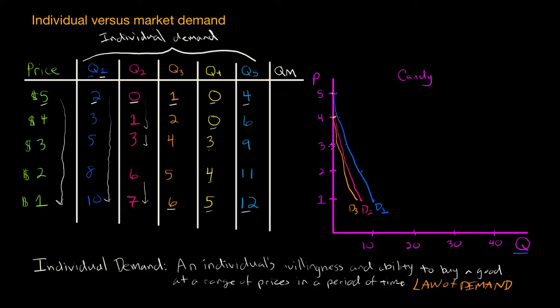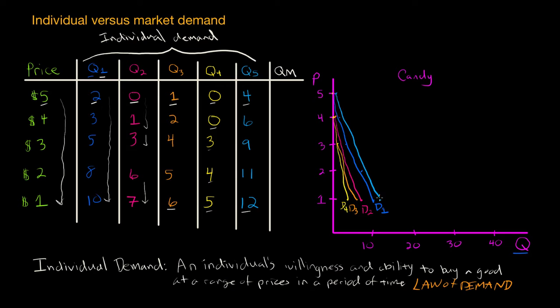Demands 0 units of candy until the price reaches $3 and then starts demanding candy, but only up to 5 units. So individual 4, I should say, has the lowest demand so far. There's individual 4. If I plot individual 5's demand, I'm going to see that individual 5 starts with the highest level and ultimately demands more candy than anybody else. So individual 5 has the highest level of demand.